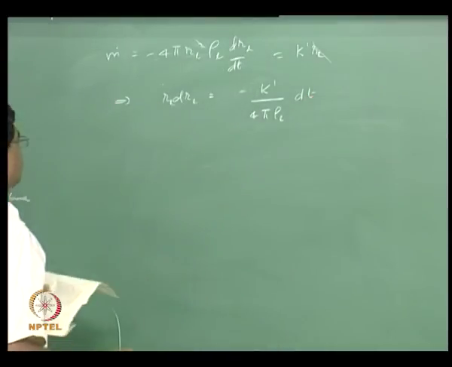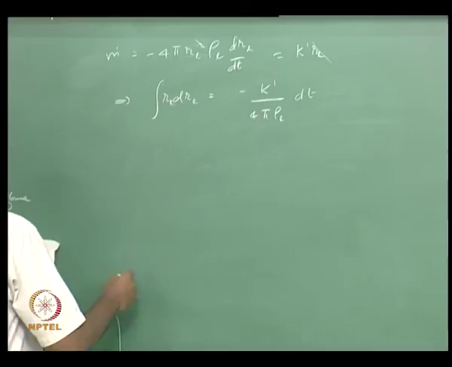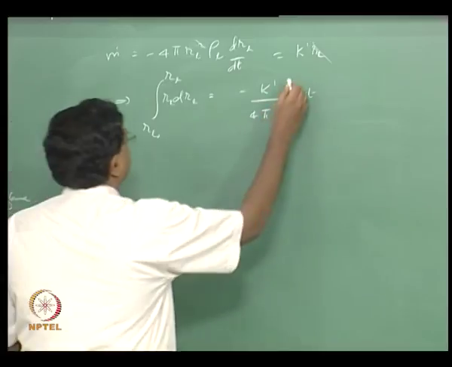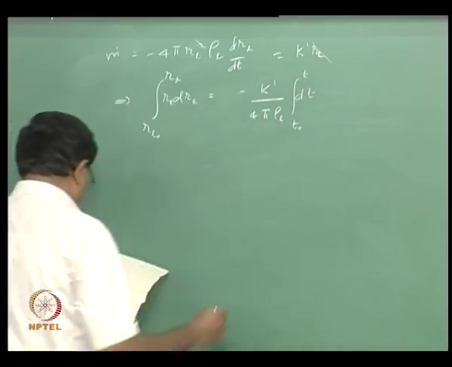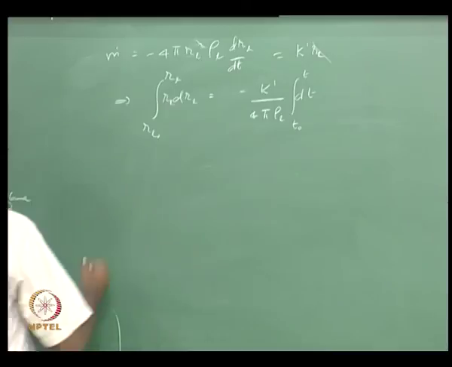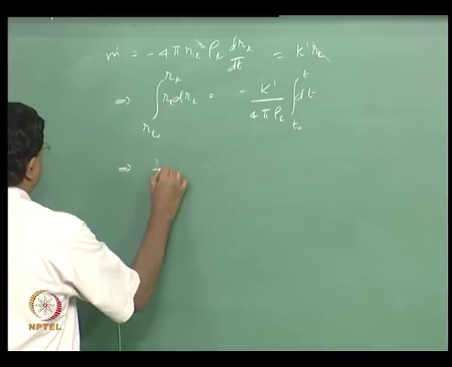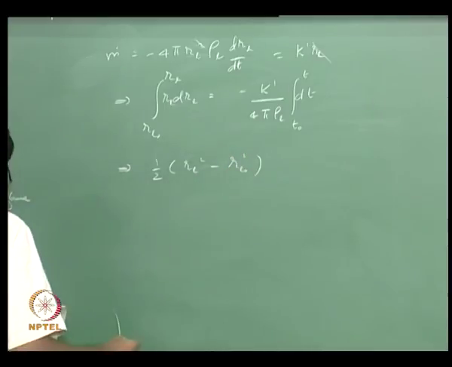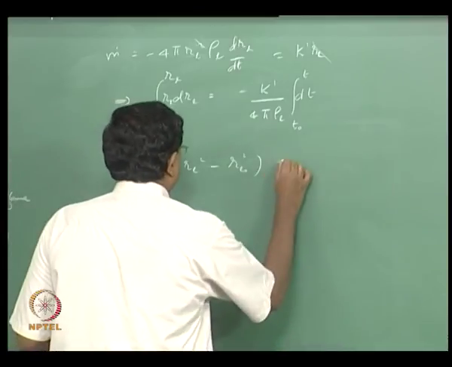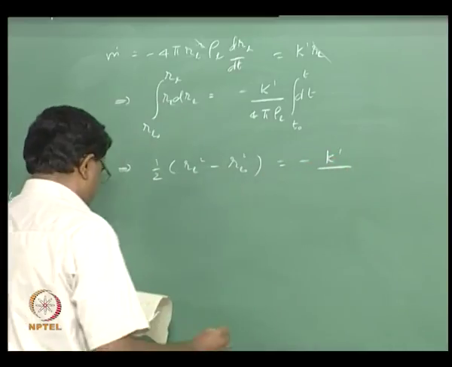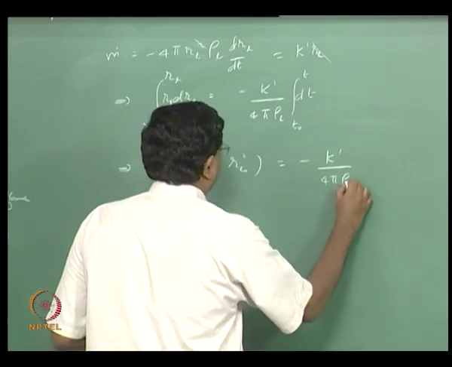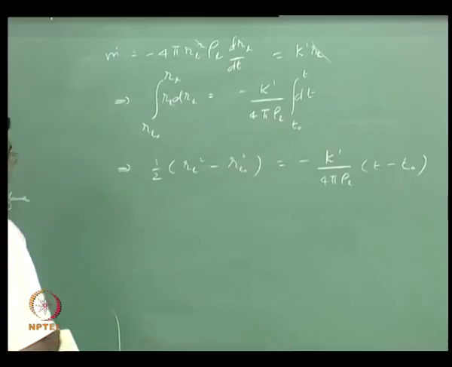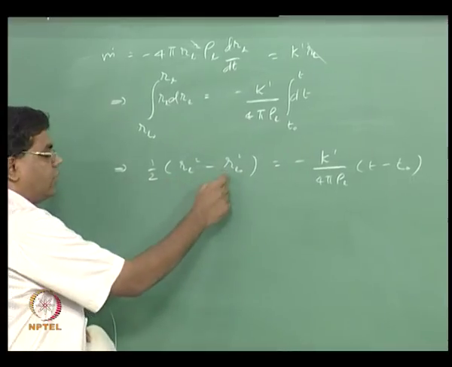Then integrate from RL naught to RL, from t naught to any t, and that's now beginning to show up as the d squared law. So this is 1/2 (RL squared minus RL naught squared), and we have a negative sign to fix things, so we have 4 pi rho L (t minus t naught). This negative sign will allow us to flip things because RL naught is greater than RL.